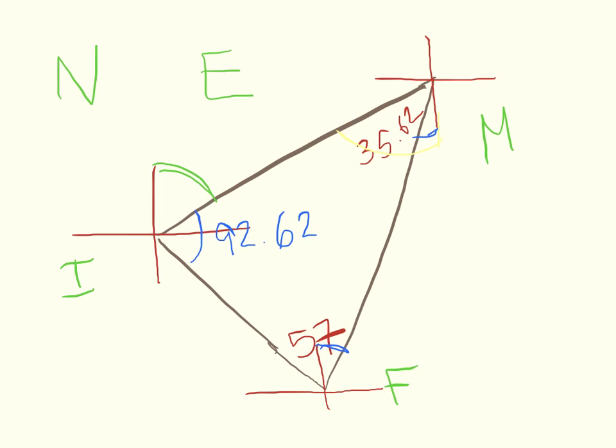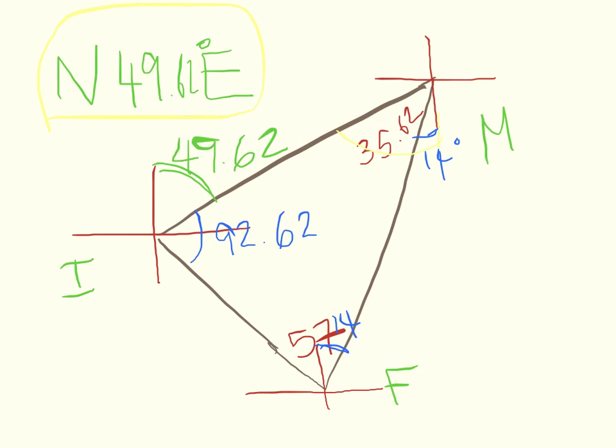There are also alternate interior angles between the north and south lines, and the transversal is this line right here. This angle is actually 14, if we remember. So this must be 14. Therefore, if we add them up, 14 plus 35.62, we get 49.62. Therefore, our answer is north 49.62 degrees east, and that would be it. Thank you.